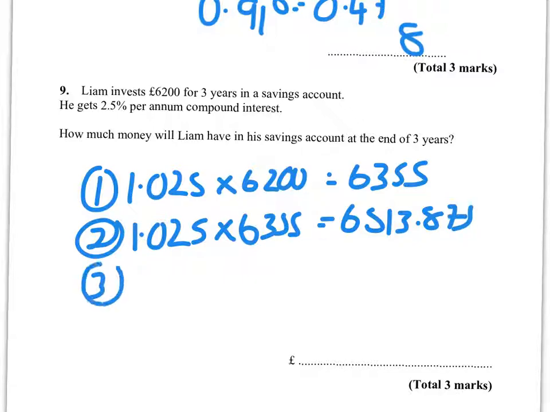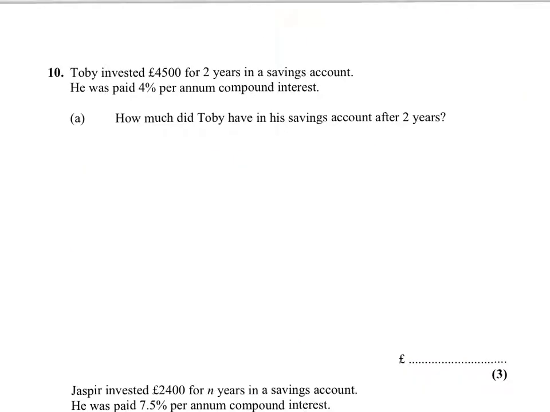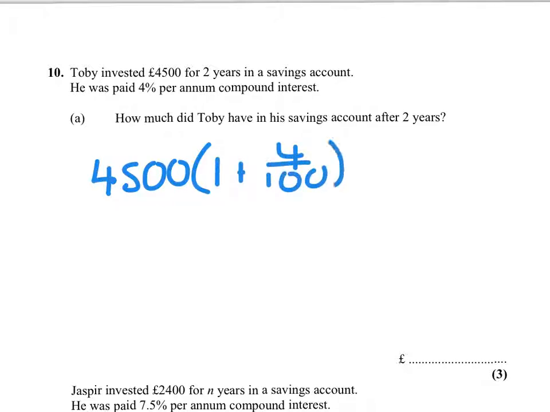And in year 3, another 2.5%, which gives us £6,676.72. I'm going to use the formula this time, so 4,500 times 1 plus 4 over 100 to the power 2, which gives us an answer of £4,867.20.